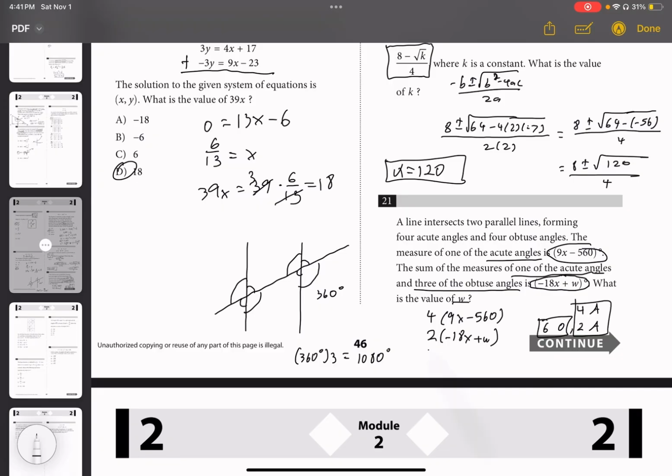So given this, we can simplify this over here and then set it to this value. So we have 36x minus 36x, and then 4 times negative 560, which is negative 2,240, and then plus 2w.